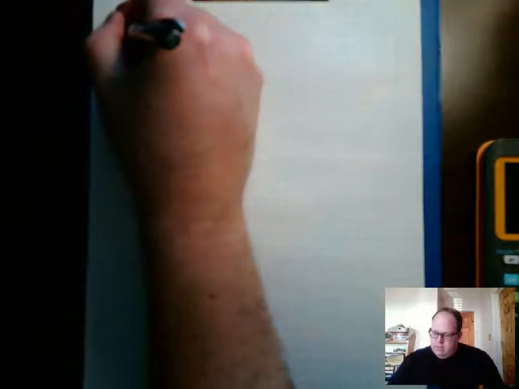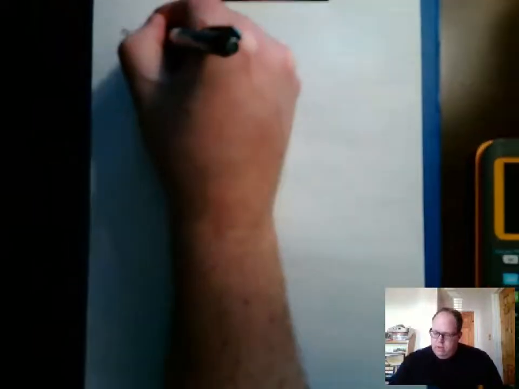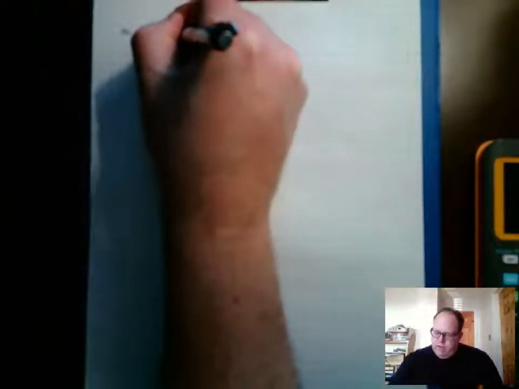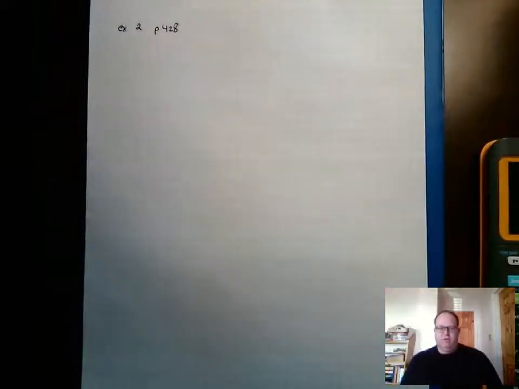I'll start out straightforwardly with an example out of your textbooks from page 428. This is example 2 on page 428, and I will apologize for the focus of this document camera. It should get a little bit better as I go along and record more.